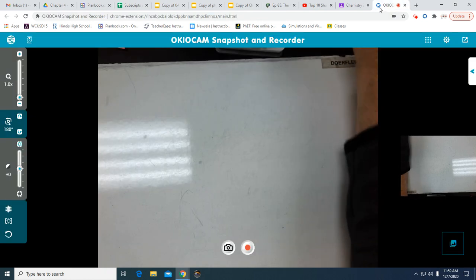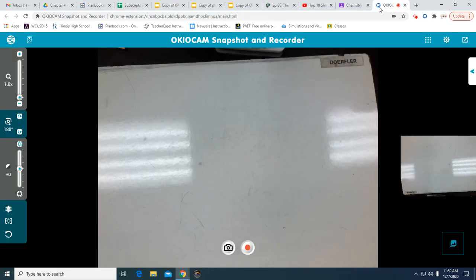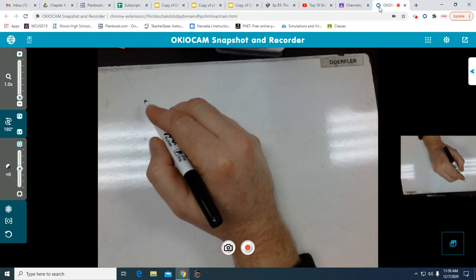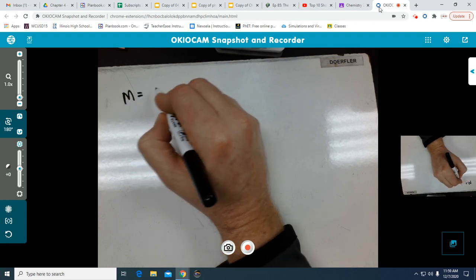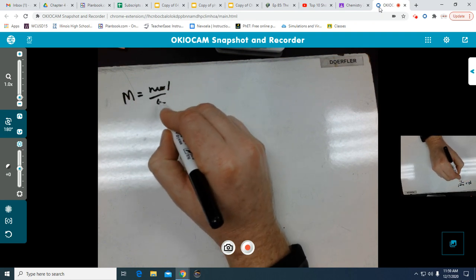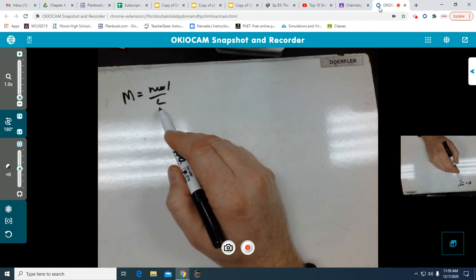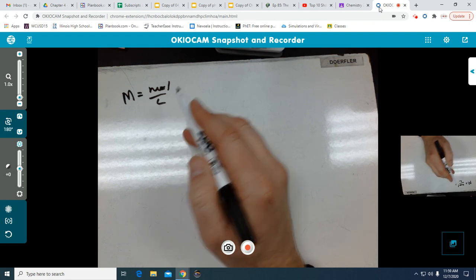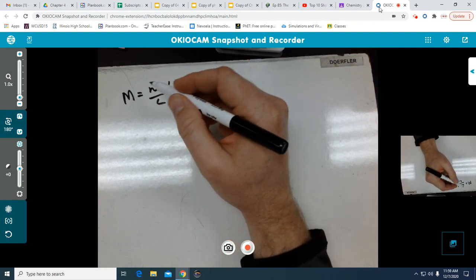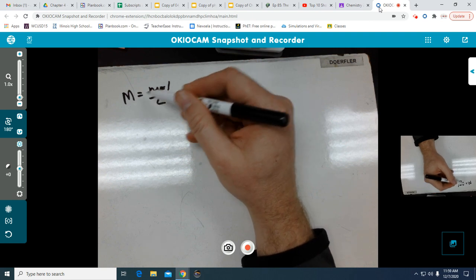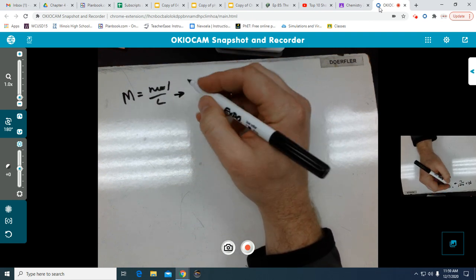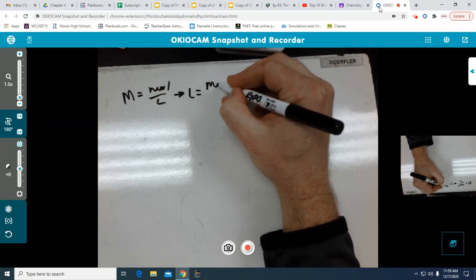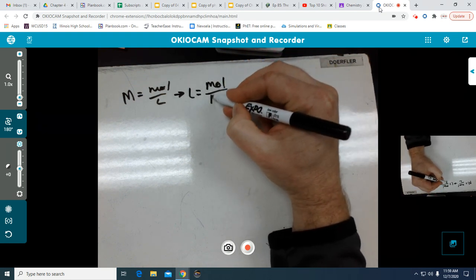Okay, so again, going back to this formula, we are trying to figure out milliliters, but milliliters are hidden within the liters itself. So we're going to rearrange this equation. We're going to multiply both sides by liters and then divide both sides by molarity. So we're going to get liters is equal to moles over molarity.